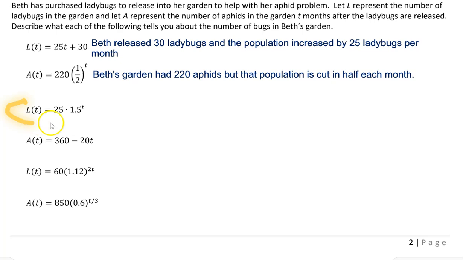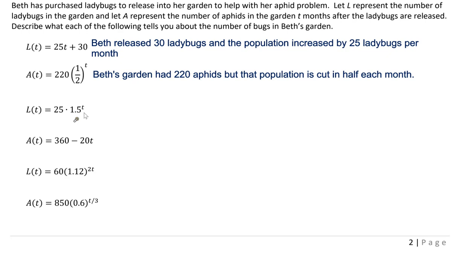All right, next equation, we're back to ladybugs. This time it's exponential, not linear. This is multiplication, not addition, and the t is in the exponent. So I see a starting amount of 25, and then I'm multiplying by 1.5, so that's exponential growth.